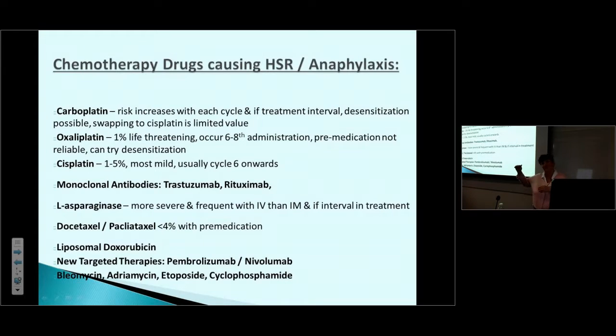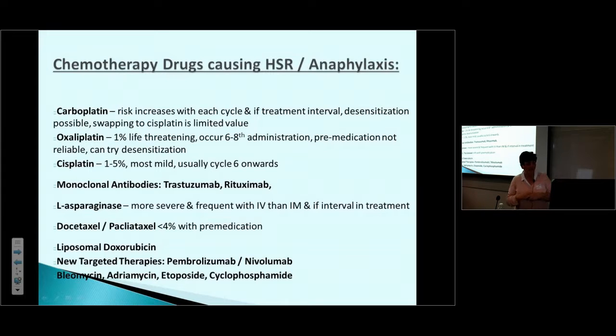And what case histories in the literature are showing is that as we give each subsequent cycle, the risk of developing anaphylaxis to carboplatin increases substantially. And even to the point now that in our day unit we've managed to give carboplatin as a 4th line treatment. So that means the patients have had at least 6 month intervals between every 6 cycles.